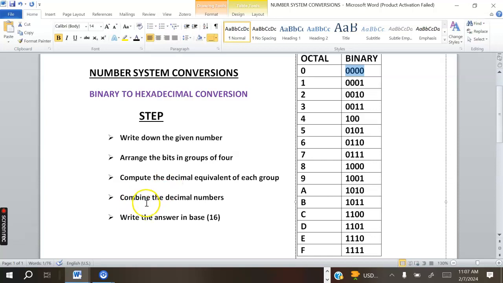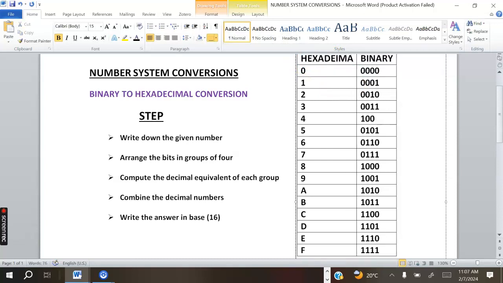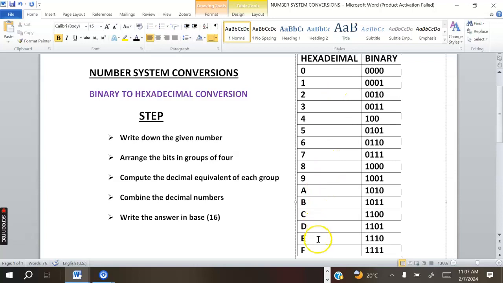Then number 4, you combine the decimal numbers, and lastly, you write your answer in base 16, because if you count the hexadecimal digits, they are 16 in number.